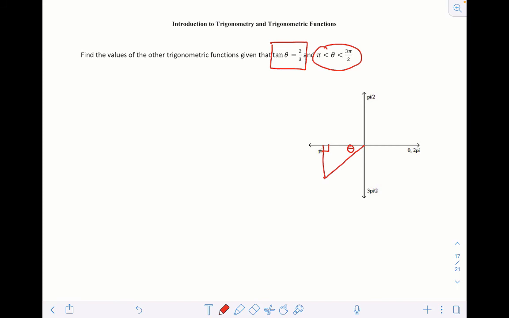So if tangent of this angle is 2 over 3, that tells me opposite is 2 and adjacent is 3. Then I can go ahead and use the Pythagorean theorem to find the hypotenuse.